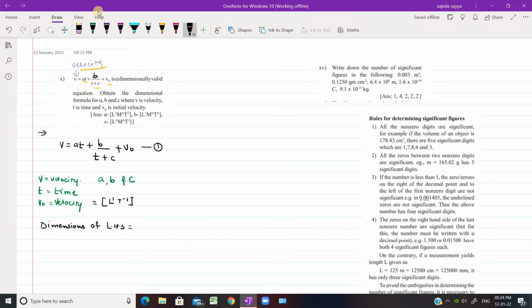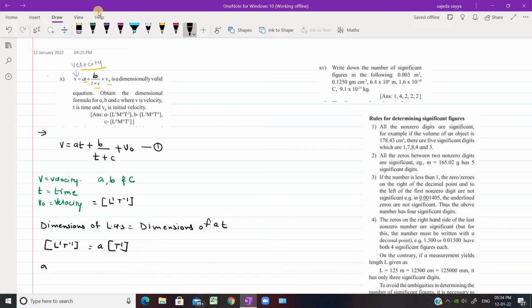equal to dimensions of the term At. So what are the dimensions of LHS? L1 T raised to minus 1. RHS dimensions: A, and t is the time, so it is T raised to 1.